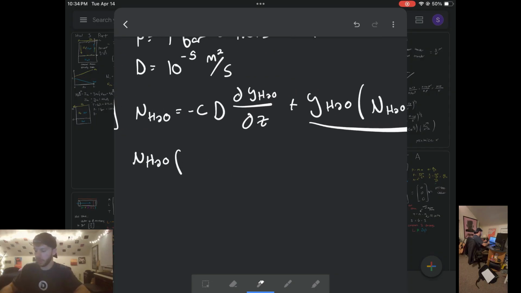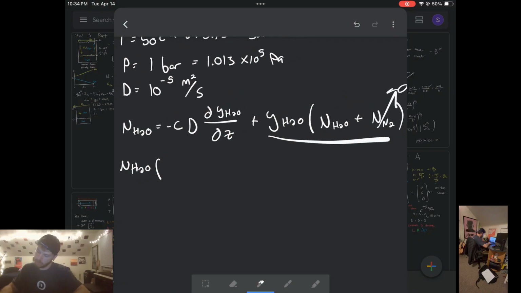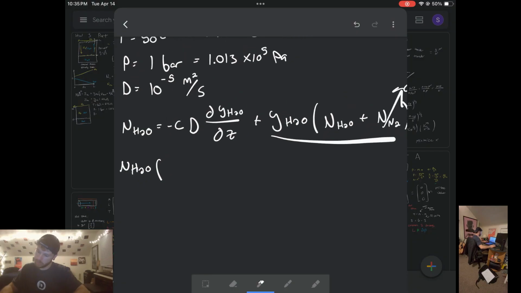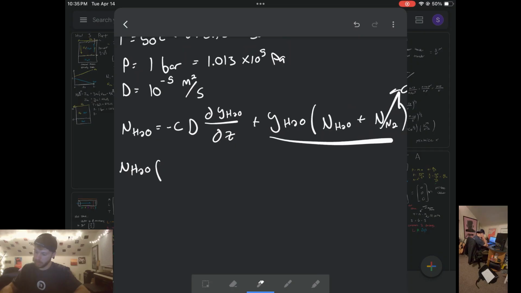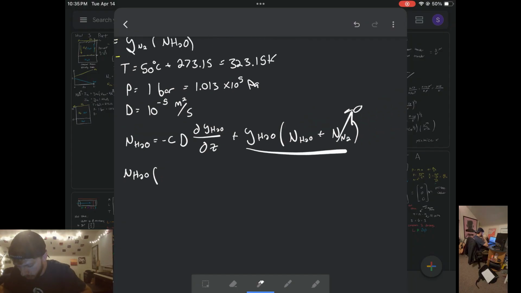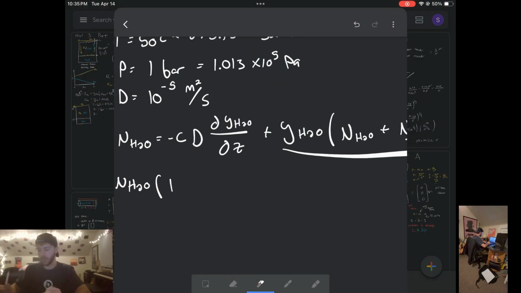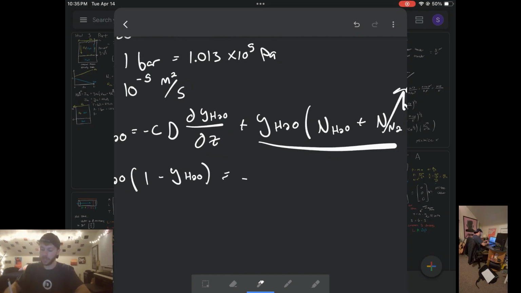We'll factor out, and we'll say 1 minus the mole fraction of our water is equal to the negative concentration times our diffusion coefficient times our concentration gradient.